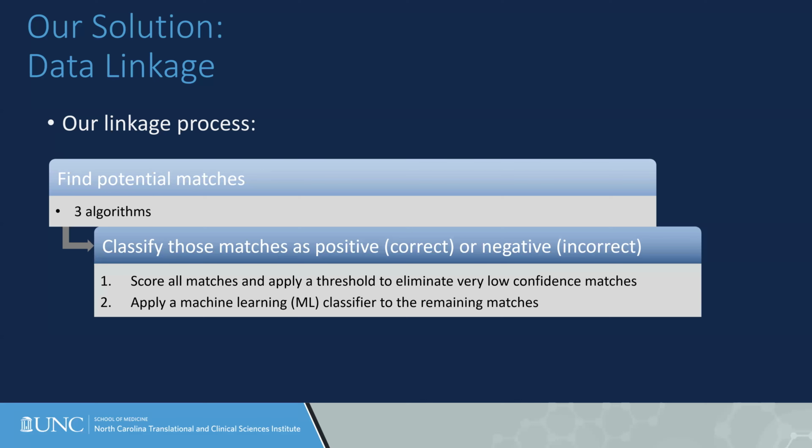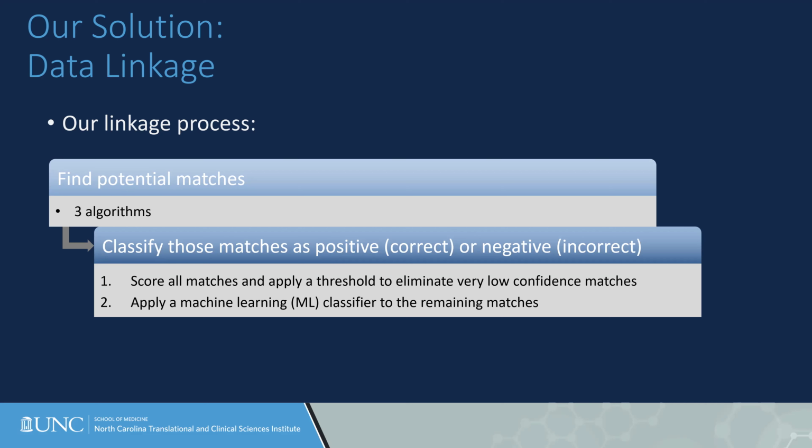Then in the next step, we feed those to a two-stage classification process. We classify all of those potential matches as either positive or negative matches, in other words, matches that we believe are correct or that we think are likely incorrect. As I said, that's two stages.